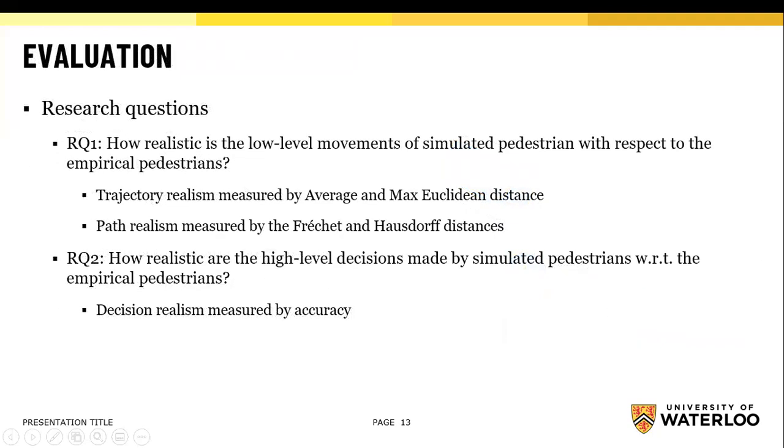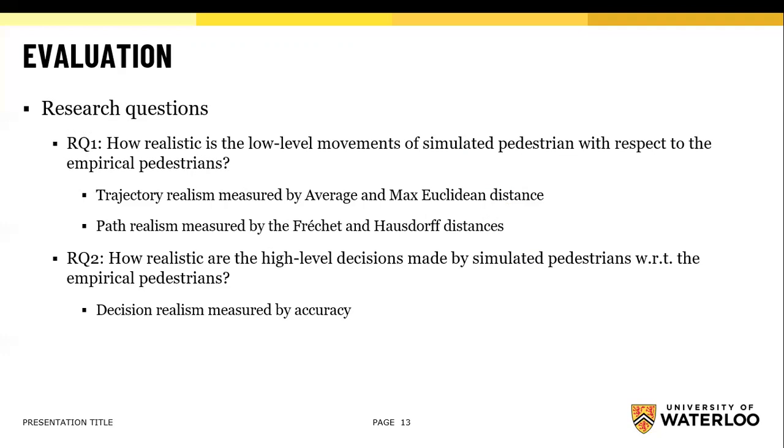So now to the evaluation portion of the model. The evaluation was driven by the two research questions that wanted to answer how realistic are the low-level movements and also the high-level decisions made by these simulated pedestrians with respect to the empirical pedestrians of our data sets.